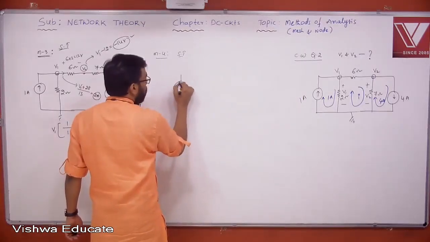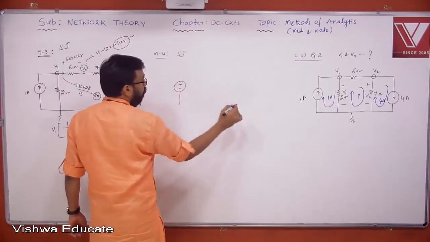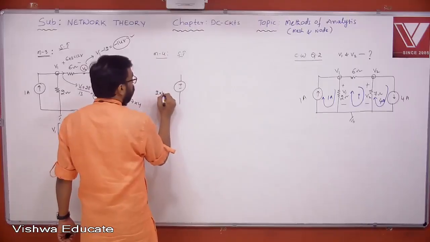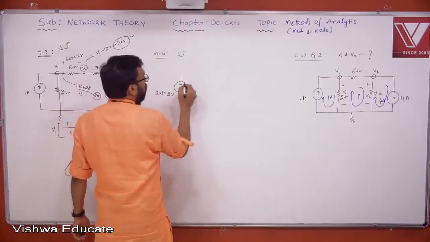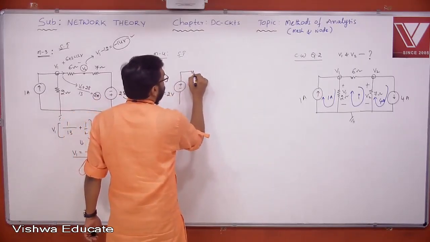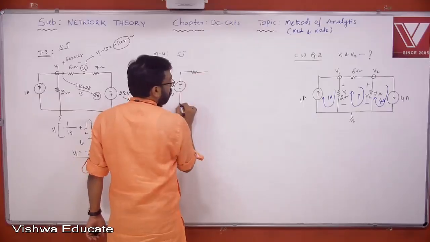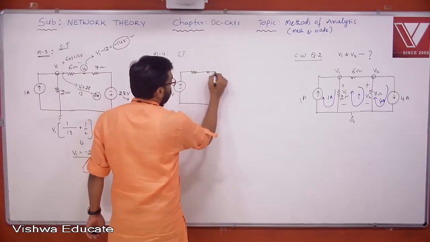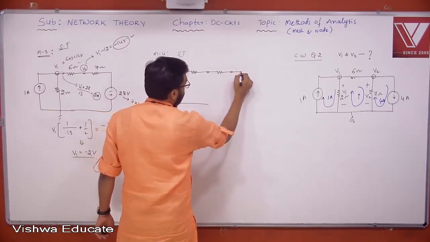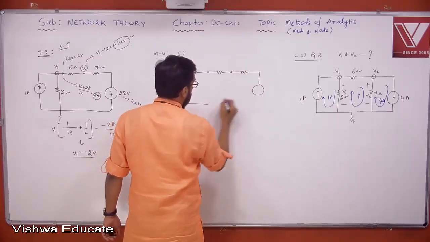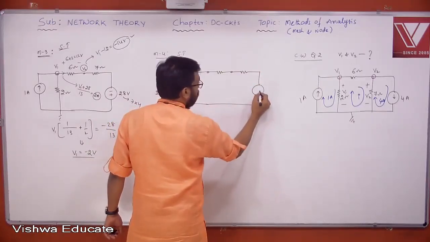If you apply both sides, you get plus minus. This is 2 into 1, right? 2 volts. What is this?